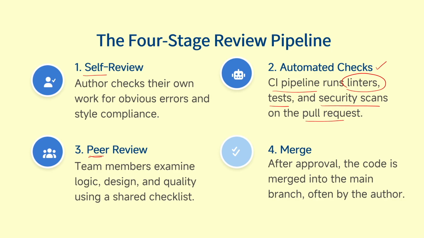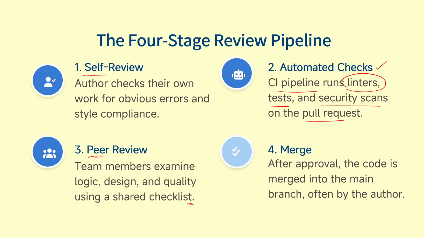The team members will examine the logic, design and quality using a shared checklist. They will sit together and identify whether there is any problem. And the fourth one is that after approval, the code will be merged to the main branch, and this is often done by the author.